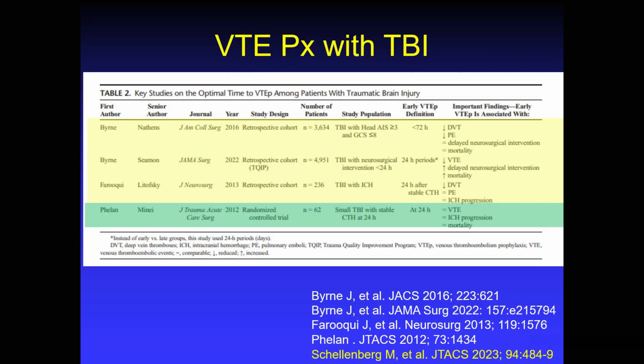Several other more sizable but retrospective studies, highlighted in yellow here, appear to also support the Parkland approach, demonstrating that with predominantly non-surgical TBI patients, so not typically craniotomy patients, use of VTE chemical prophylaxis is safe and effective within 24 hours after a stable head CT, whereas use of chemical prophylaxis after craniotomy was associated with increased need for repeat procedural intervention.